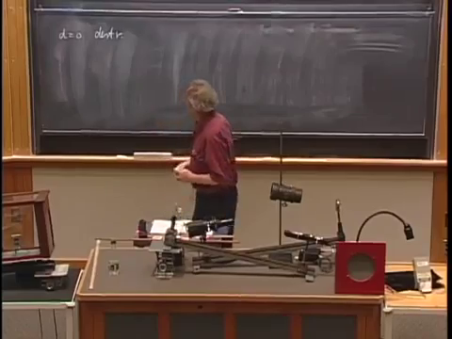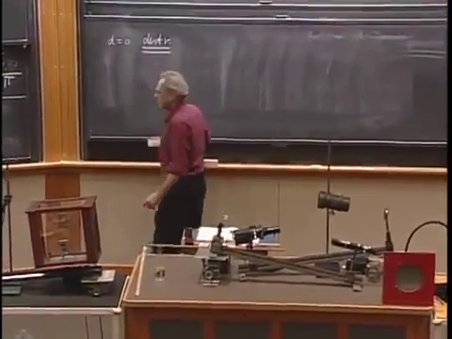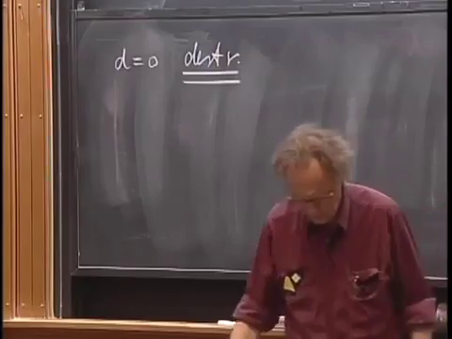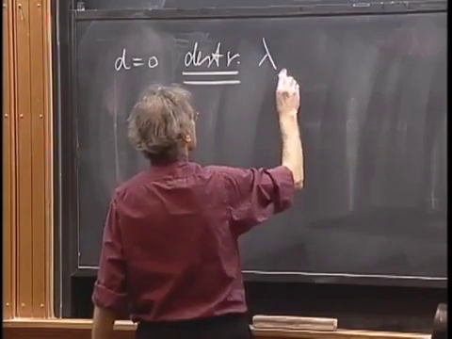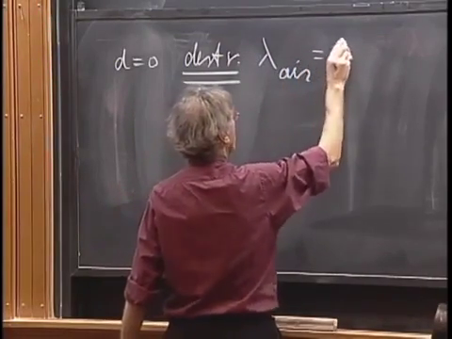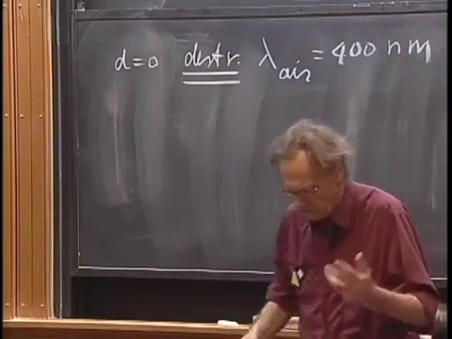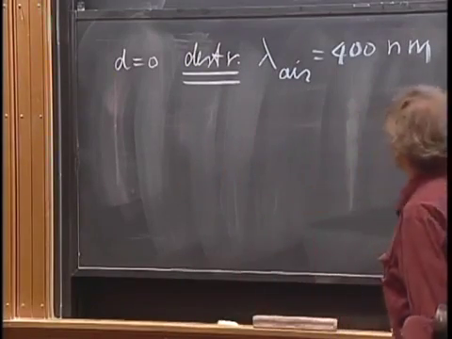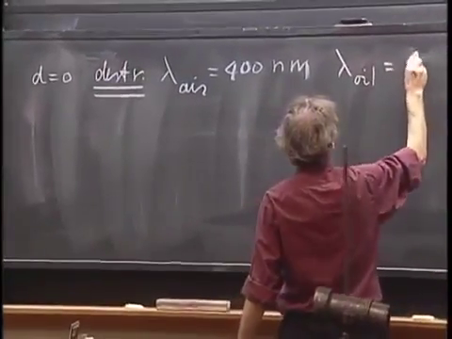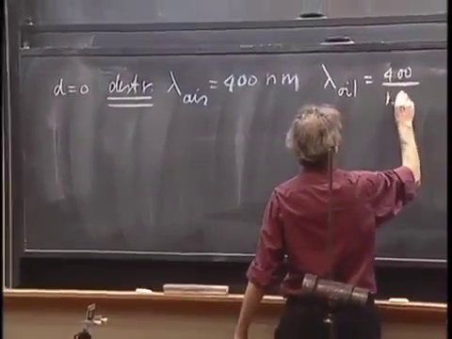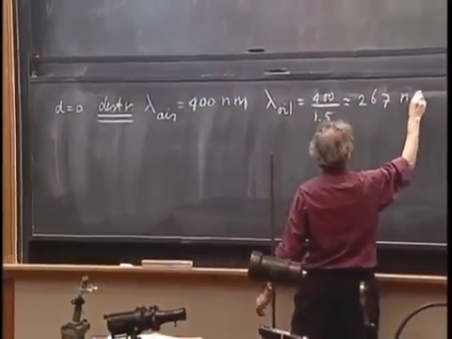And so I am going to address now only the case of destructive interference. And I'm going to choose a lambda in air of 400 nanometers. That's my choice. So that means that my lambda in oil is 400 divided by 1.5, which is about 267 nanometers.